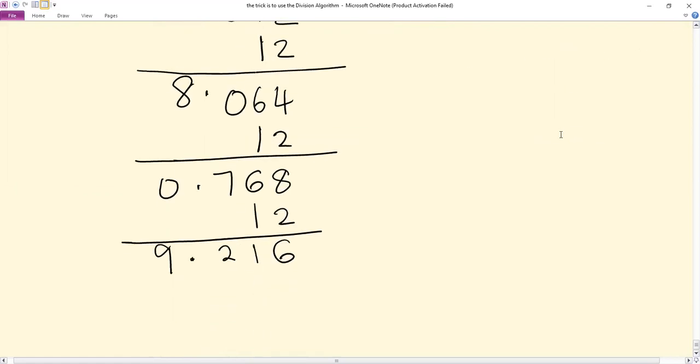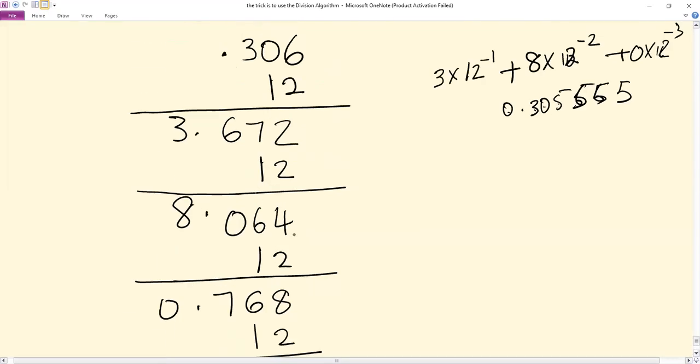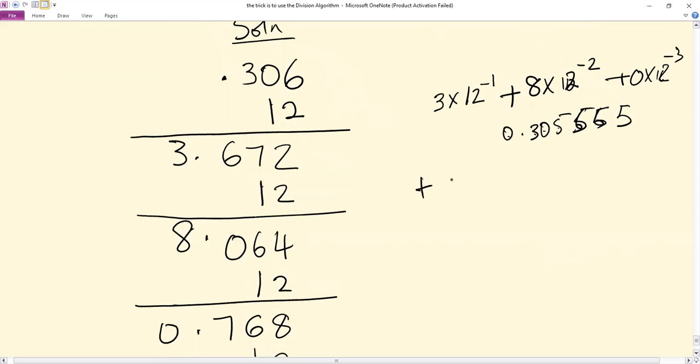Then the next digit here is 9. So when we add 9 times 12 raised power minus 3, then we'll have 3 times 12 raised power minus 1 plus 8 times 12 raised power minus 2 plus 9 times 12 raised power minus 4.